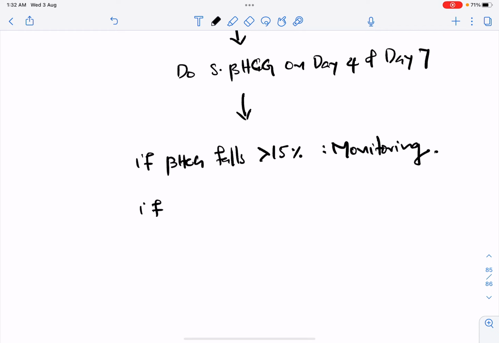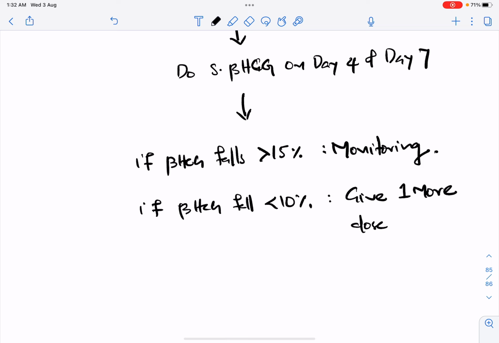But if the beta hcg is falling but the fall is less than 10% only, then give one more dose of methotrexate. This is the medical management options.